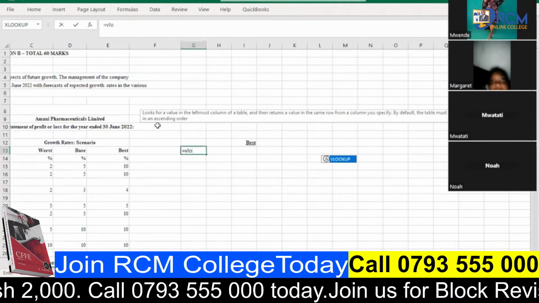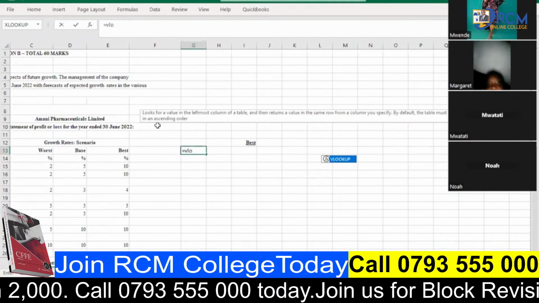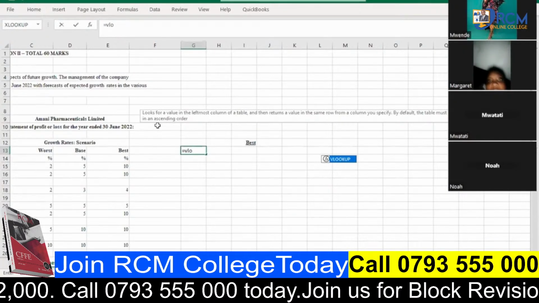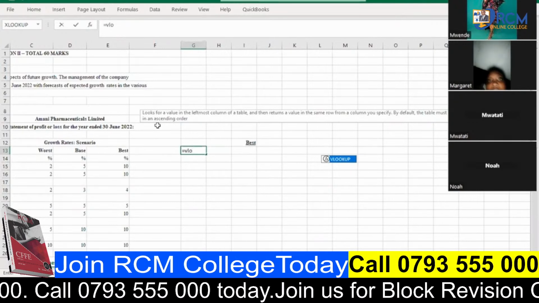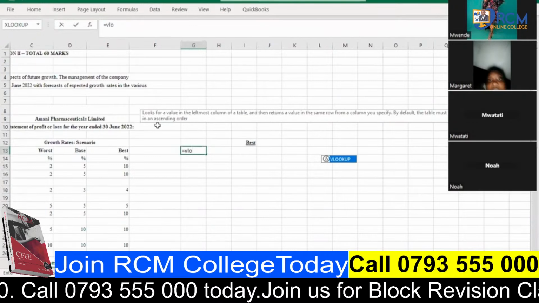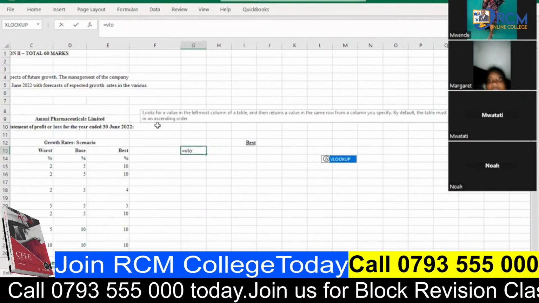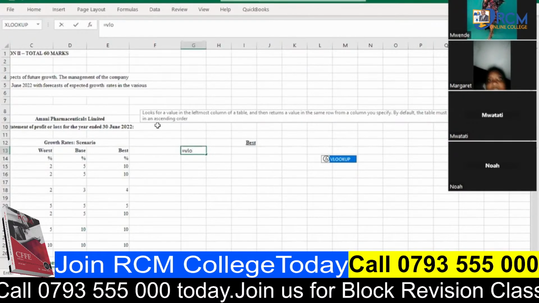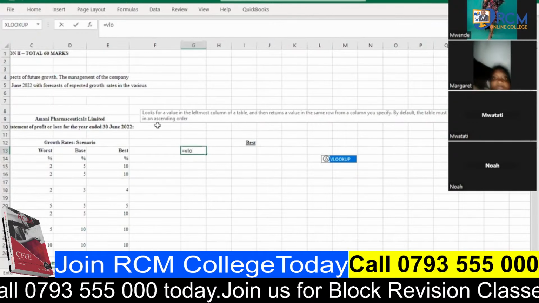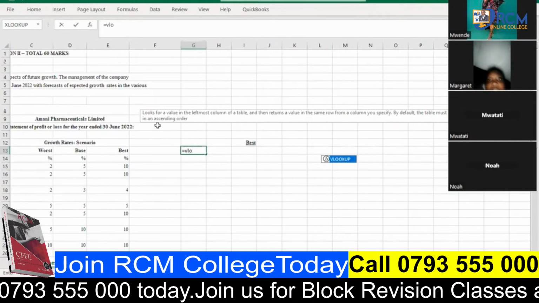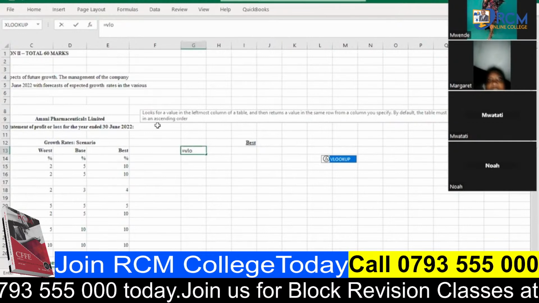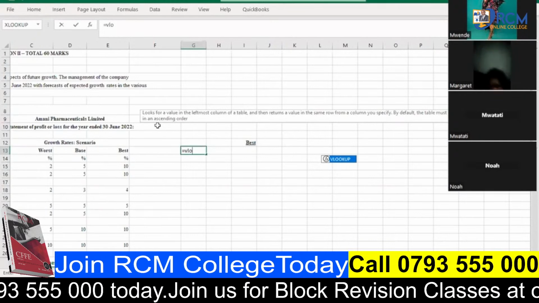By default, the table must be sorted in ascending order. So if you look at the response for VLOOKUP, is it an array function? No.